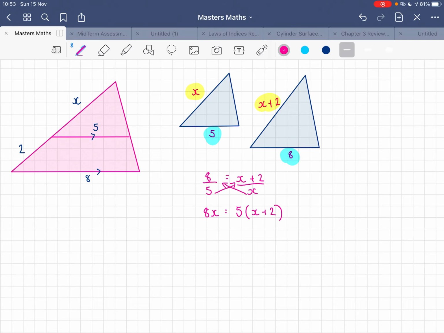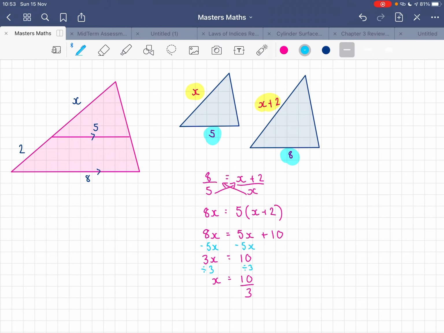You're multiplying that full expression, the x plus 2, all of it by 5, which is why I've put it in a bracket. I'm going to expand the bracket, so I get 5x plus 10. I'm going to move the 5x over, so I have all my x's on one side, so I get 3x is equal to 10. So x is 10 over 3 because I've divided both sides by 3.